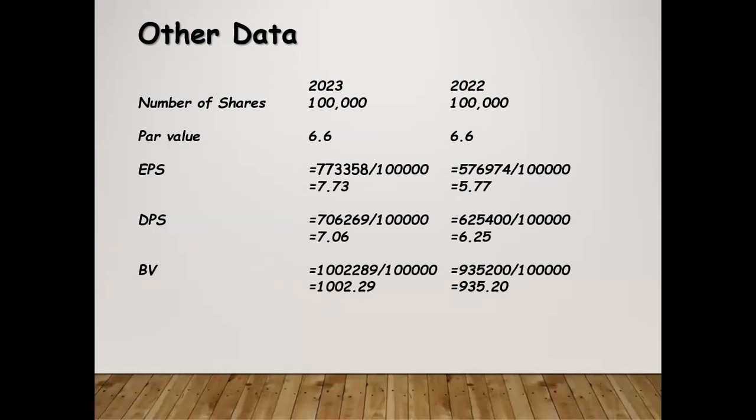Now, why is book value important? You compare the book value with the market value. Sometimes you are paying a premium. Sometimes you are purchasing the stock at a discount.